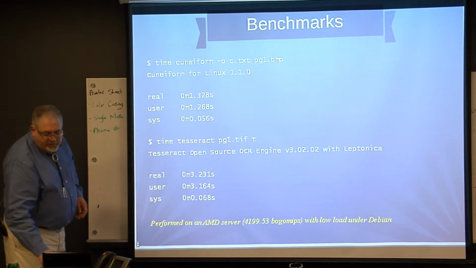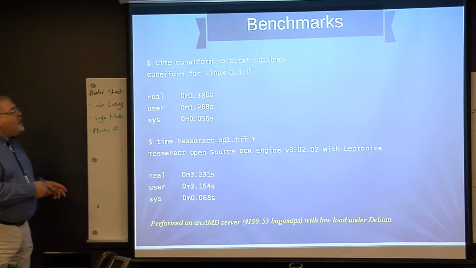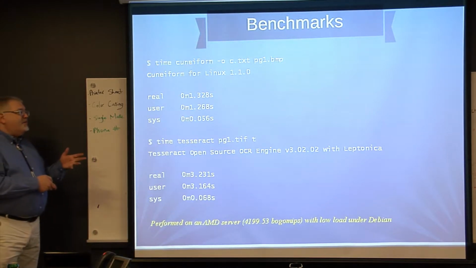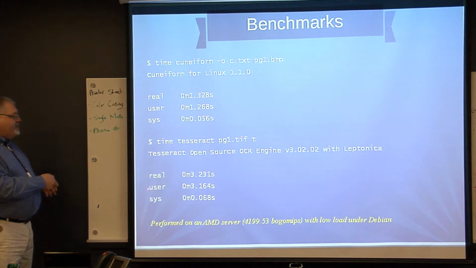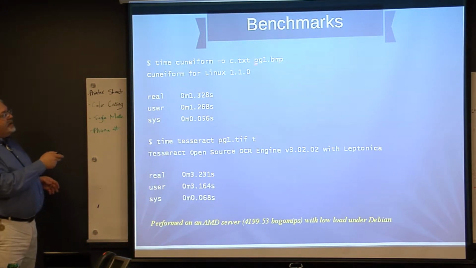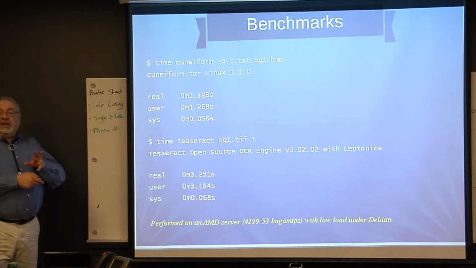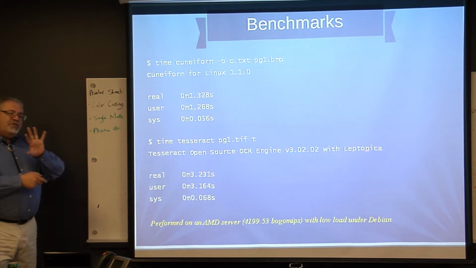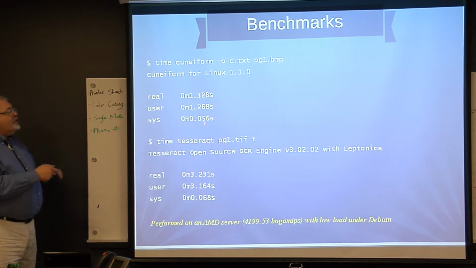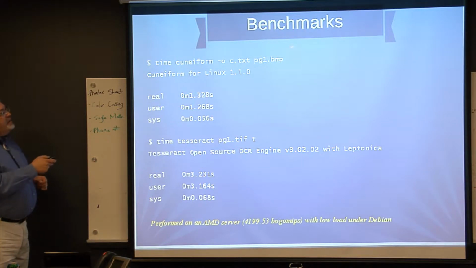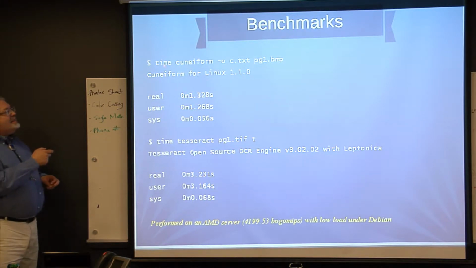So I did benchmarks of the two most accurate engines. On the same document, you have to convert documents to Windows BMP form for CuneiForm, and a peculiar version of BMP too. It has to be BMP3. There's only a certain type of BMP format that CuneiForm can handle. And as a sidebar, I like the time command.